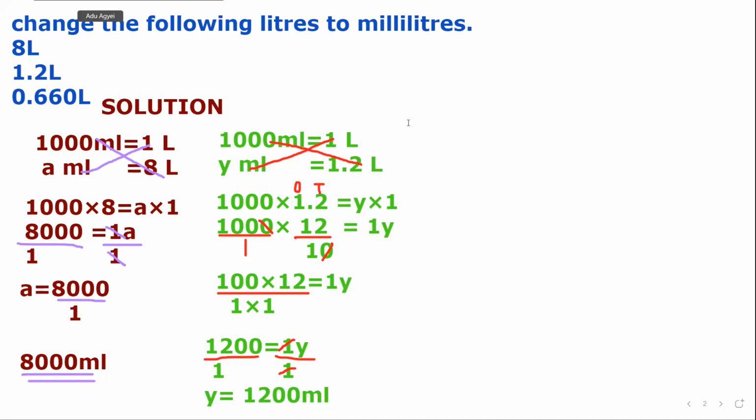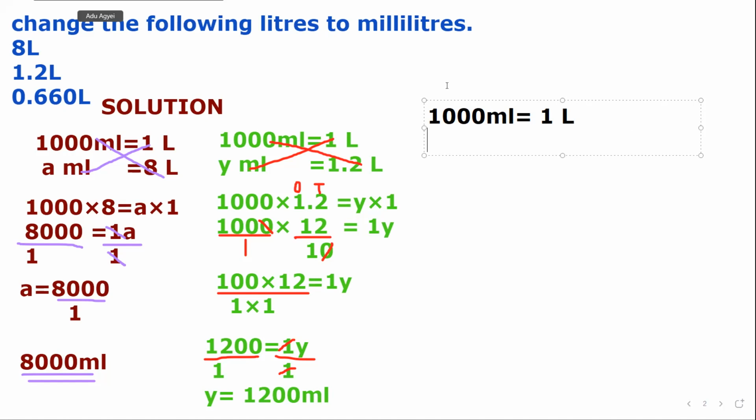Now, 0.660 liters, you're going to change this one to mils. So you first state the standard, okay? Good. State the standard. And now we know 1000 mils is equal to 1 liter. Okay, and because you are changing the 0.660 liters, which means you don't know the mils, so you use any letter to represent that.